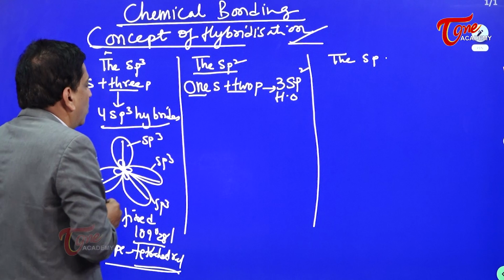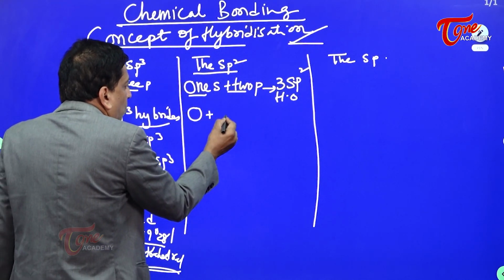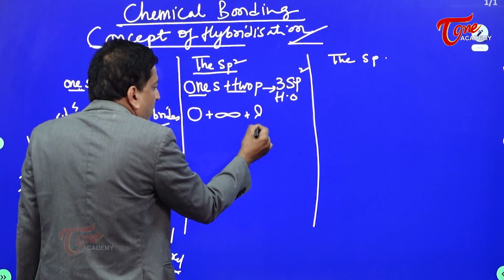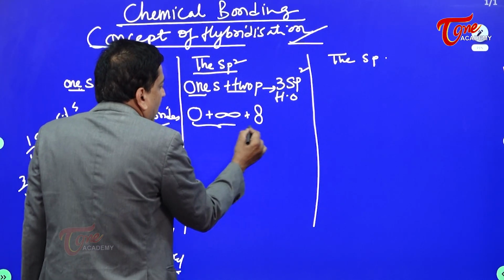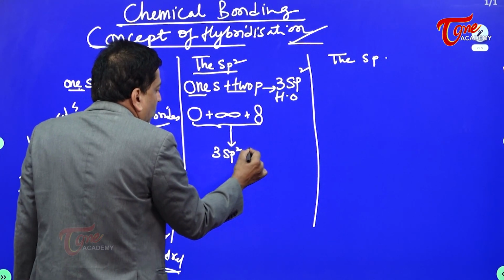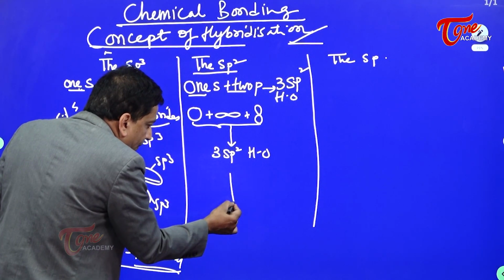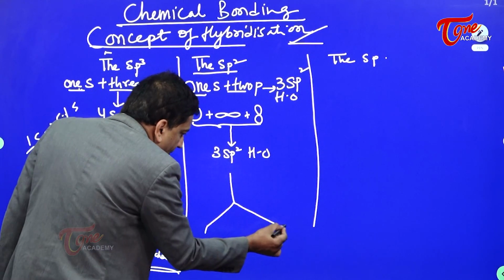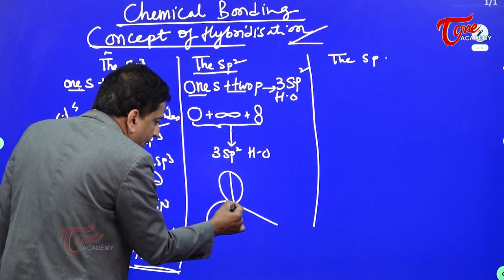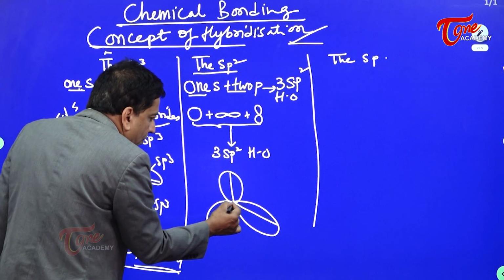sp2. So it's basically 1s and 2 p's. They intermix and generate 3 sp2 hybrid orbitals, and they look like this. Much fatter. Don't forget to draw the tails, please.